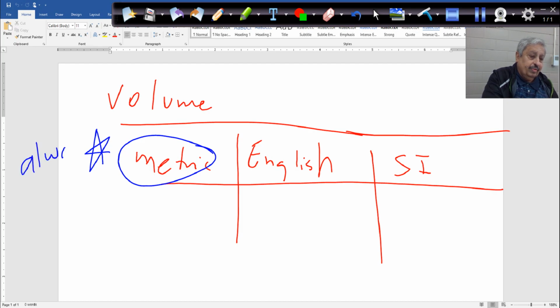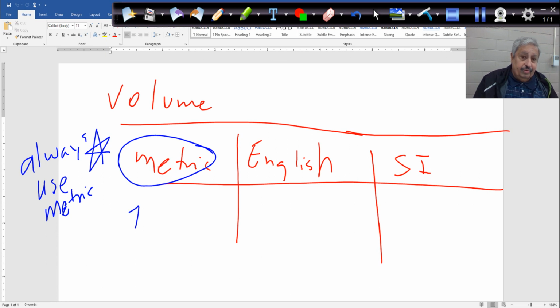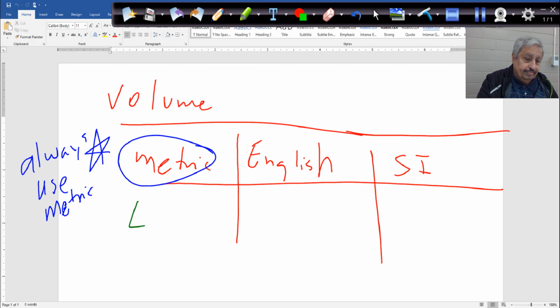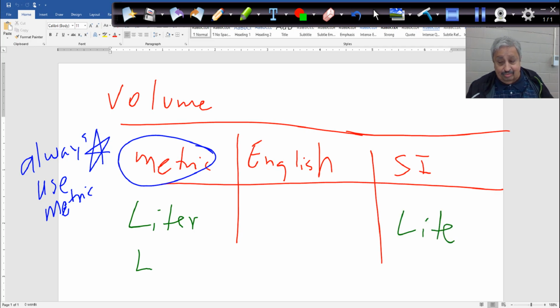Always use metric because some laws are gas laws. So we'll use liter. The unit is liter, capital L, correct? And the SI, as I told you, is cheating most of the time, taking the unit from the metric. We'll be using liter as well.